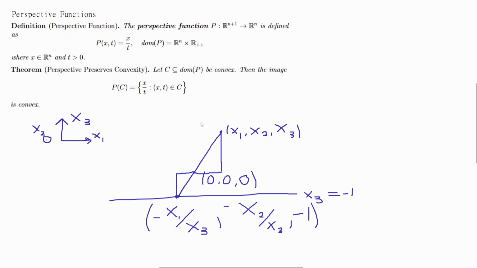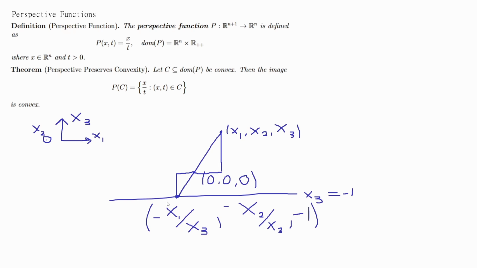So maybe the object can be somewhere here, and the possible locations must form a convex set. Then the resulting shape from all of those positions on the wall is also convex. So that's really what it's talking about. That's the perspective interpretation of this theorem.